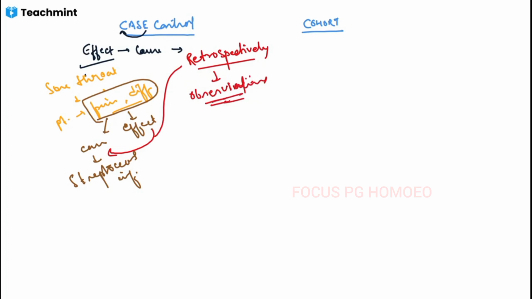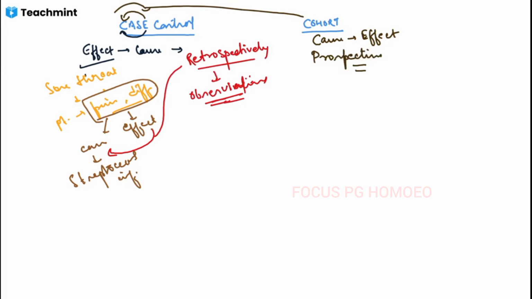Whereas in cohort, we are going from cause to effect. Here we are going from effect to cause, and here in cohort study we are going from cause to effect. So basically we are going in a forward direction, a prospective study.